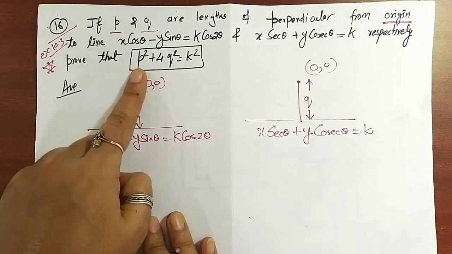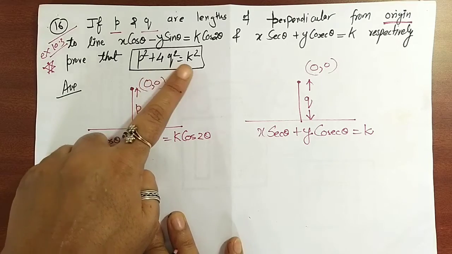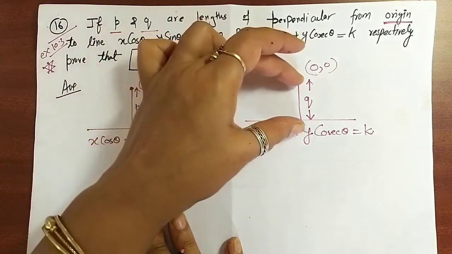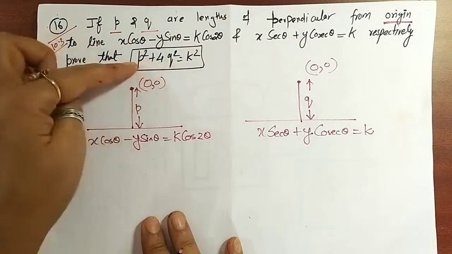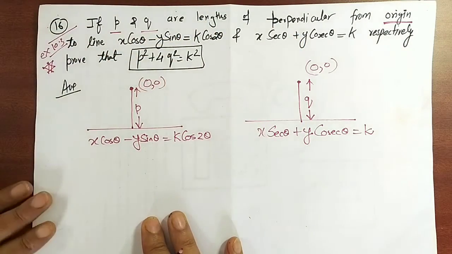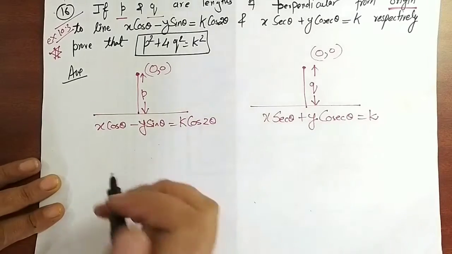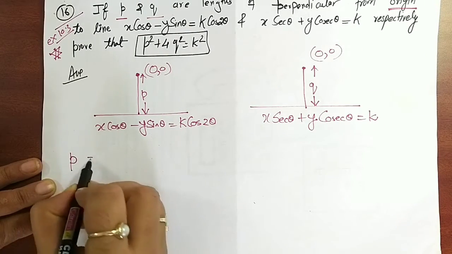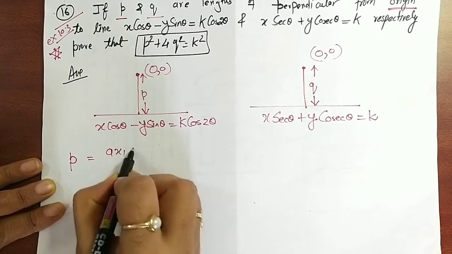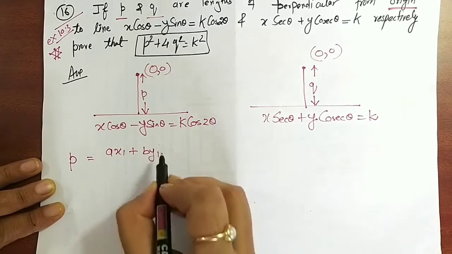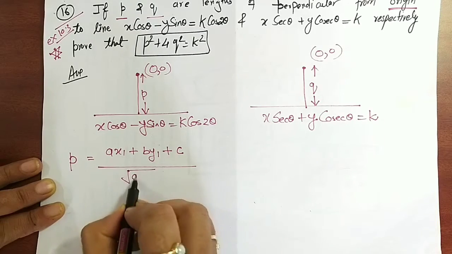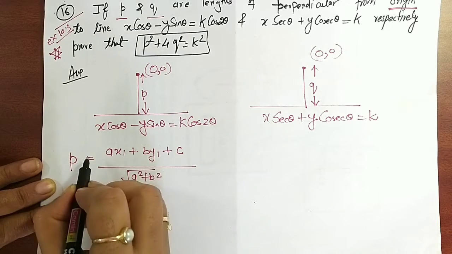We have to prove p square plus 4q square equals k square. So somehow I need to get p, I need to get q, and then I will try to fit it here. Do you remember the formula of length of perpendicular from any point? It is |ax1 + by1 + c| by root of a square plus b square.